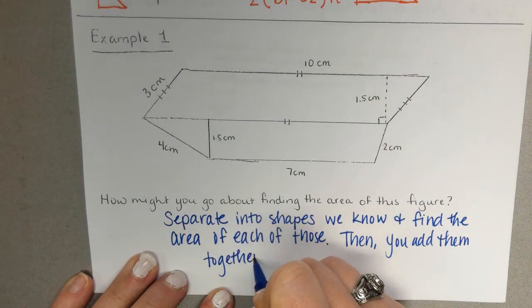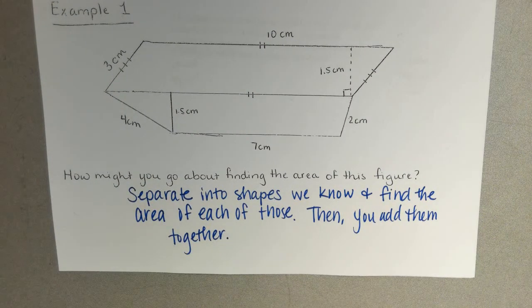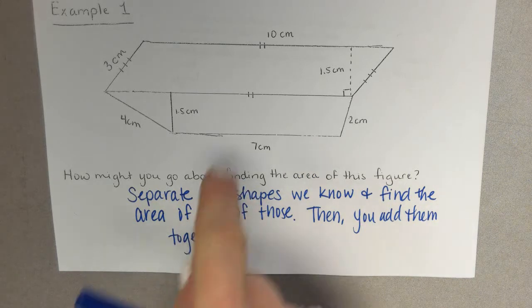If you need to stop the video right now, that's totally fine. Pause it, let everybody catch up, get this in there, and then we're going to look at these different shapes.